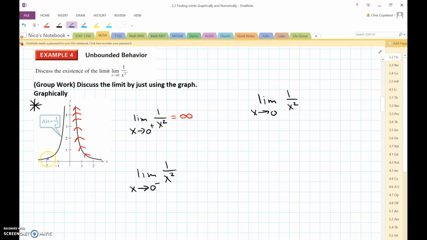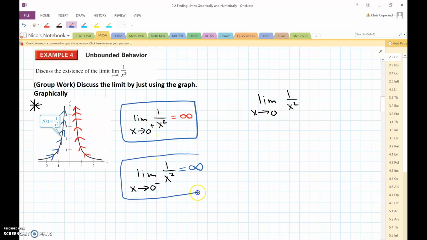Here is x approaching 0 from the left, and here you can say that this limit is also approaching infinity. So this time, the limit of this function as x approaches 0 from the right and from the left both equal infinity. So overall, we can say that this limit equals infinity.